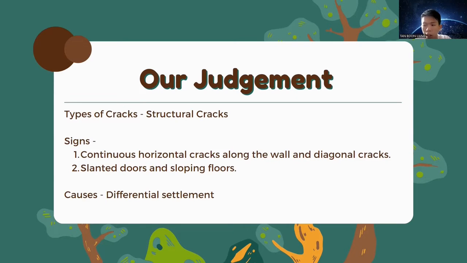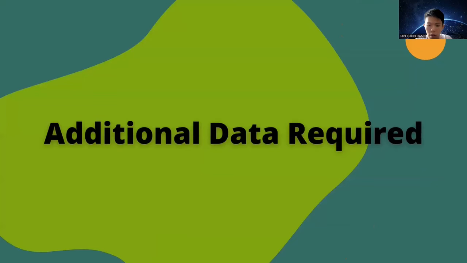This may be due to differential settlement as mentioned above, which is because of insufficient soil bearing strength and load bearing capacity. So next will be the additional data required.